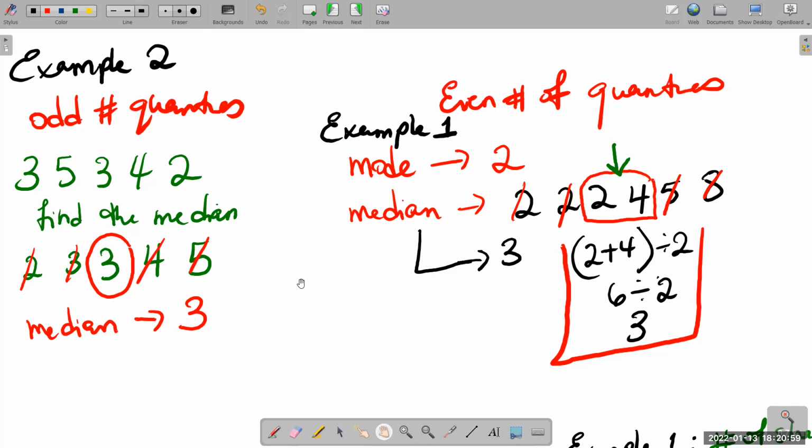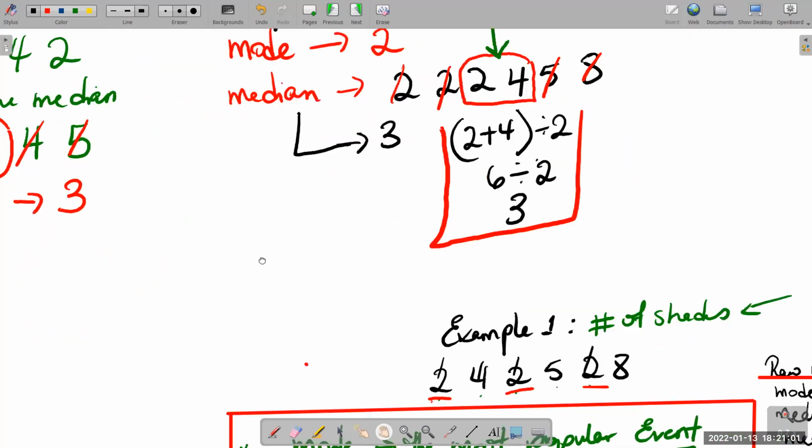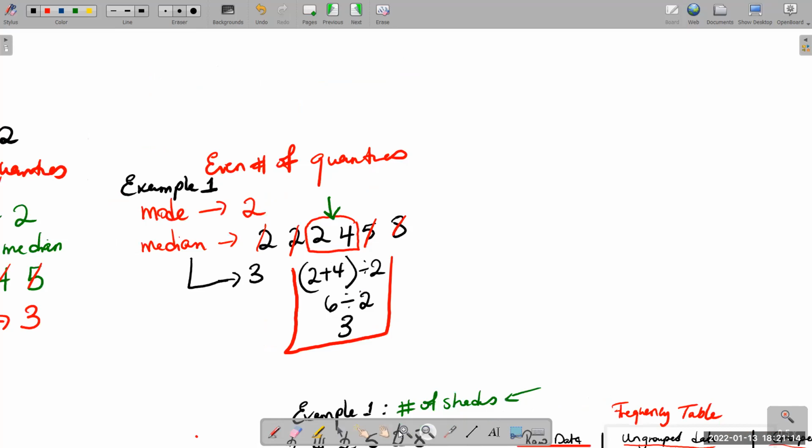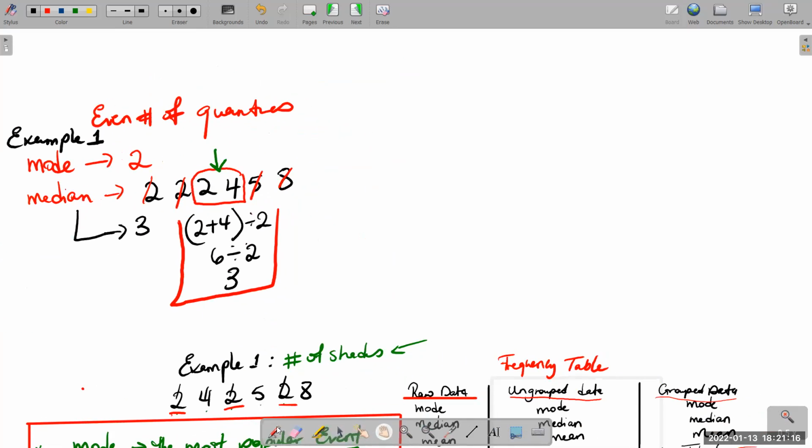So now let's look at finding the mean. So far we found the mode, which means the most popular. That's the number that shows up the most. We know how to find the median. Anybody remember how to find the mean? We did it, yes, we did it on Monday.